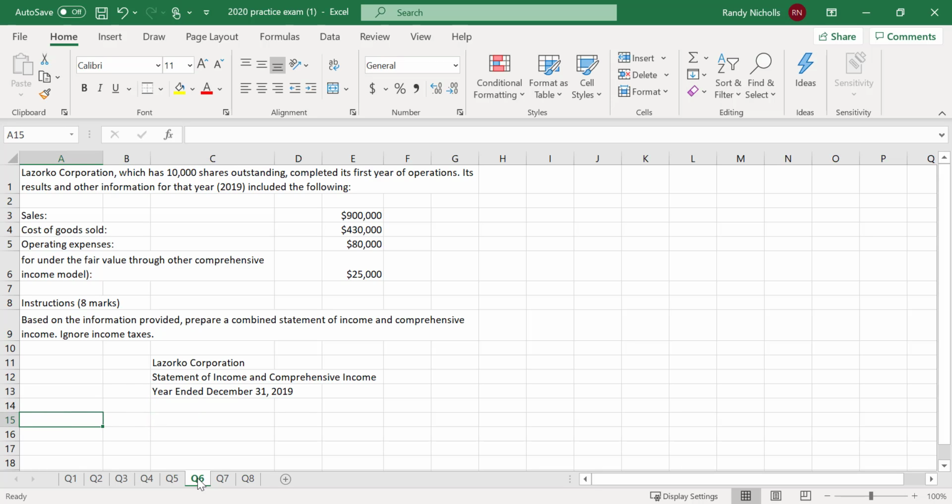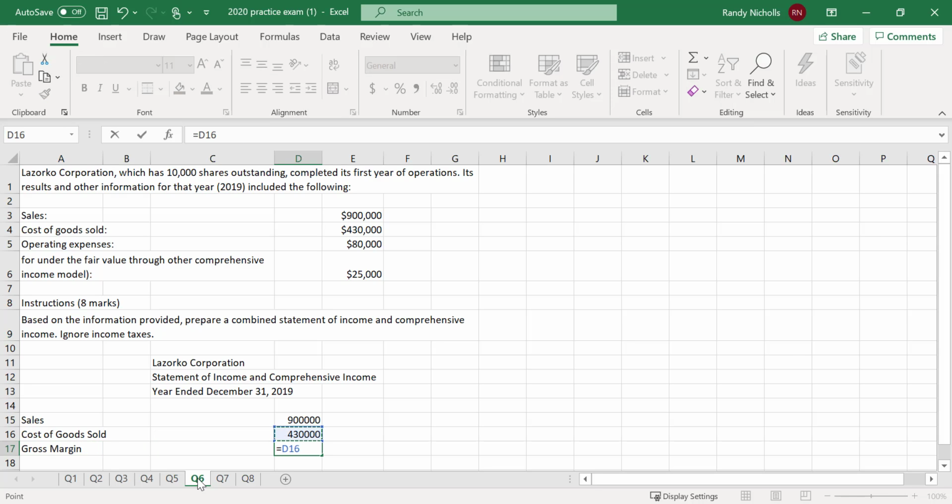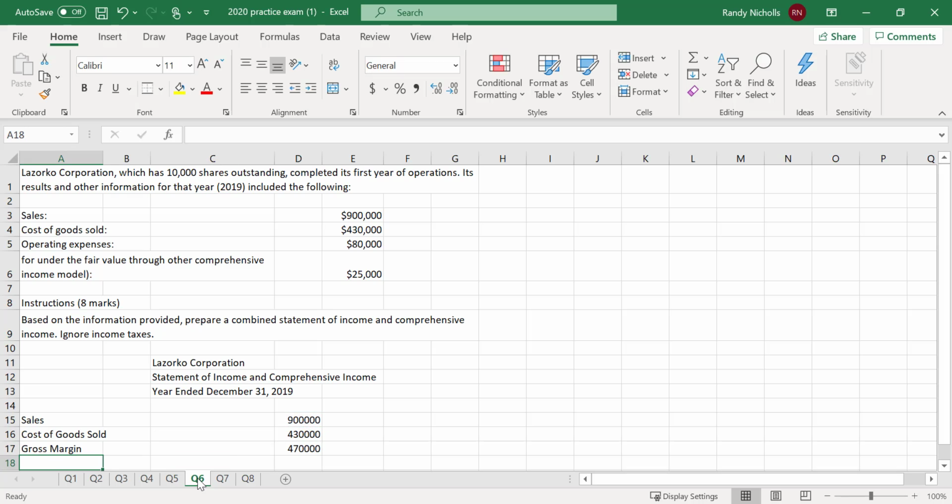Don't have many lines. I got cost of goods sold, so I do need to disclose my margin. So 900, 430. So, need to remember the title, need to remember gross margin if I have it.